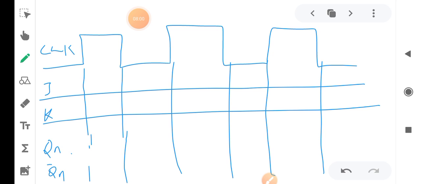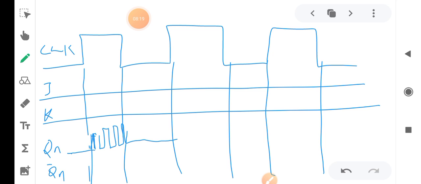So what happens during this time is, when the clock pulse becomes high, Q1 becomes 1, then 0, then 1, then 0, then 1, then 0, 1, then 0.